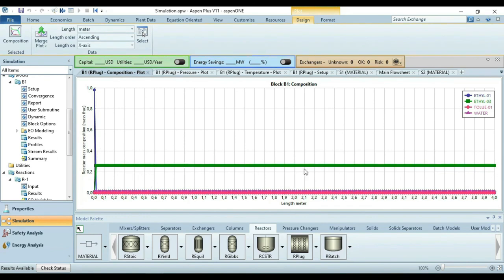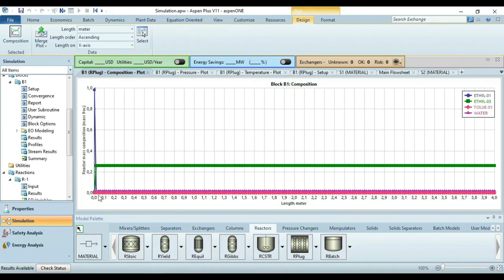So this reactor is oversized for our system. We don't need this length of reactor for this reaction. When the feed just entered the reactor, the reaction happens and achieves equilibrium and it stops. So we can see here that most of the composition stays constant after some time inside the reactor. But it's important that the reaction is happening.